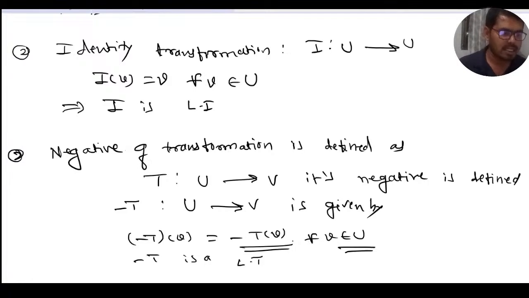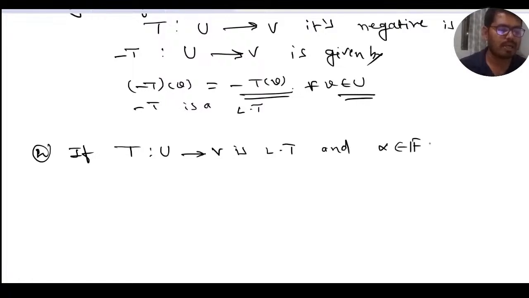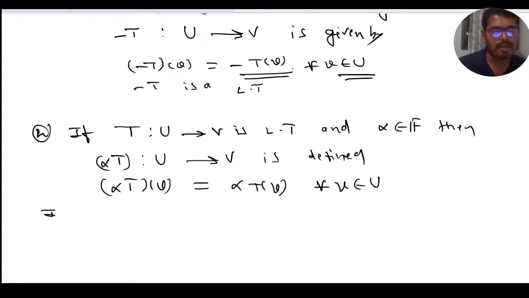Suppose T is a linear transformation from U to V, and if you take any scalar alpha in the field, then alpha T is also a transformation from U to V and is defined as alpha T of v is equal to alpha times T of v for all v belongs to U. Our aim is to show alpha T is a linear transformation.